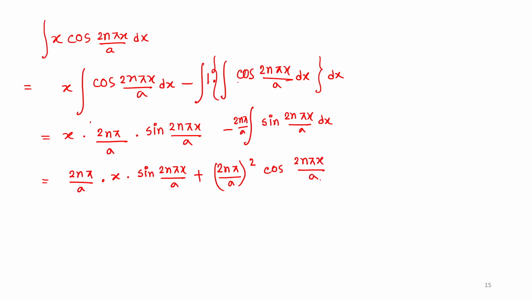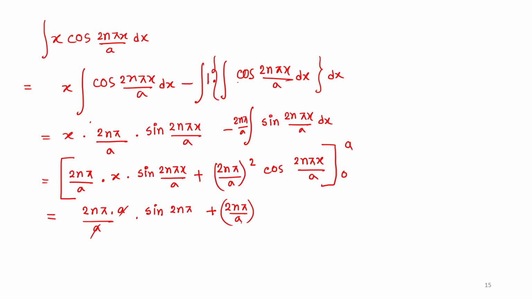Okay, now if I have 0 to a, upper limit a and lower limit 0, from the first term we are going to get 2nπ into a by a, so a will cut, sine 2nπ, and then we have (2nπ/a) whole square cos 2nπ.